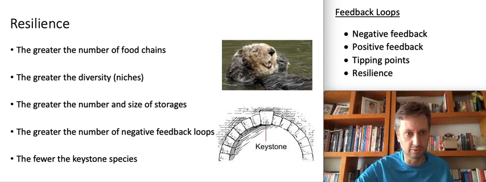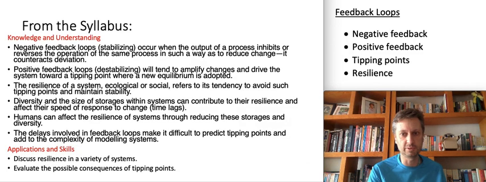So just before I go, I will just flip back to the syllabus. Okay, so what is negative feedback and why is it stabilizing? I think we've covered that. Positive feedback in terms of destabilization, I think I covered that. I talked about the resilience of systems and what makes them resilient. I talked in terms of biodiversity and storages.